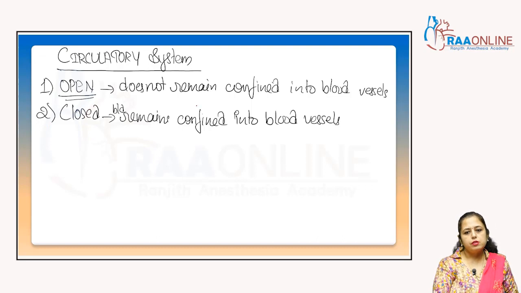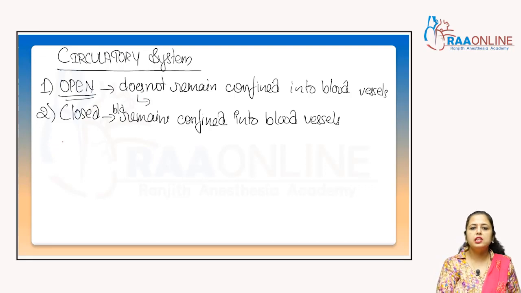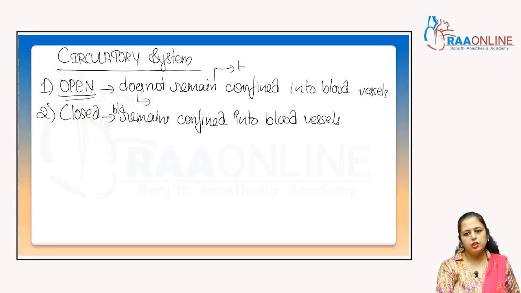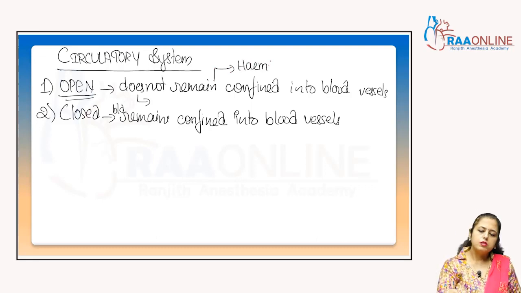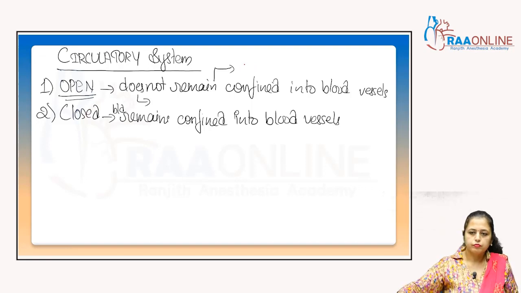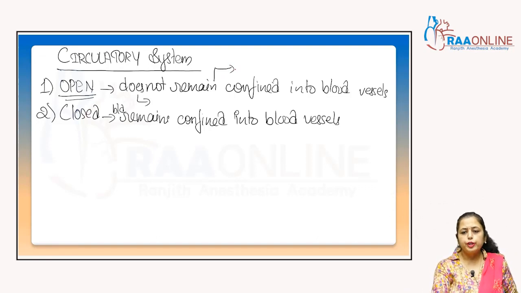In the open circulatory system, blood flows in empty spaces, which are called sinusoids or sinuses, or we can say it is known as the hemocoel, right?